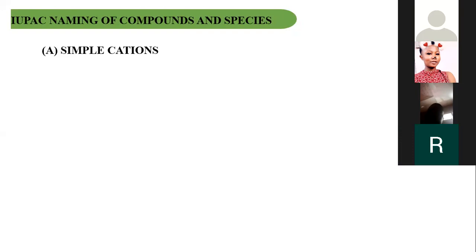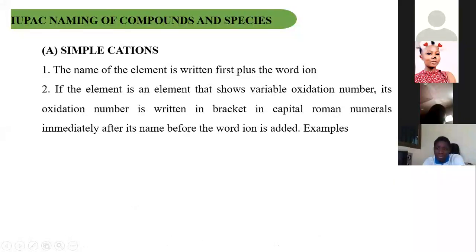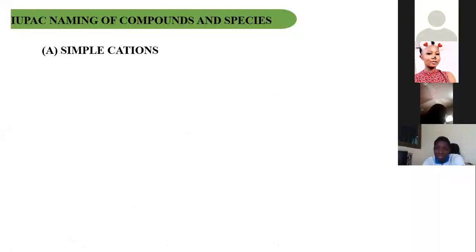Wow. I like that smartness, but it is the word simple that I want you to explain in addition to the cation. Okay. All right. So when we say simple cations, they are cations that are made up of just one element. Okay, you see a cation with just one element.